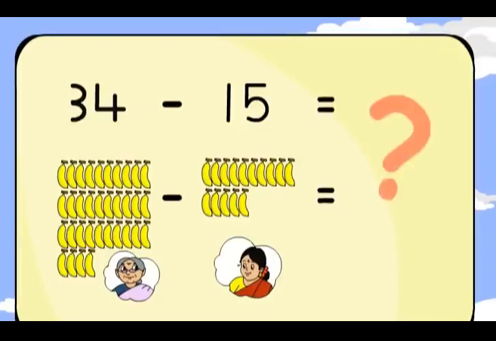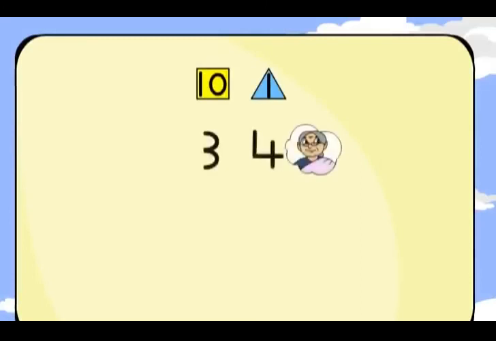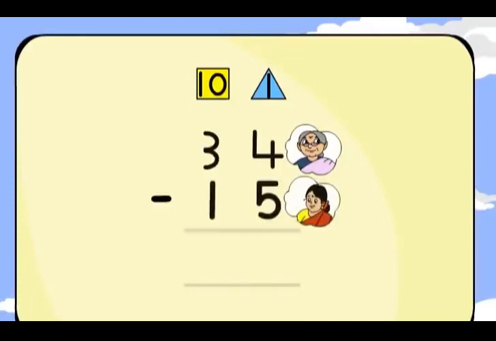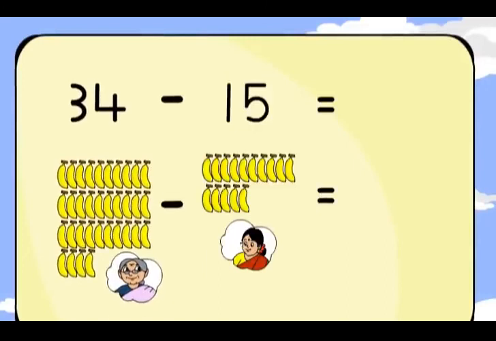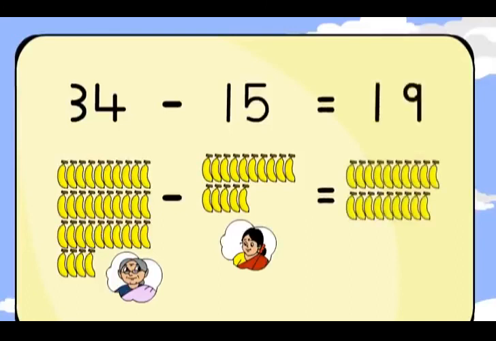How many more bananas does Grandma have? 34 minus 15 is equal to 19. Grandma has 19 more bananas.